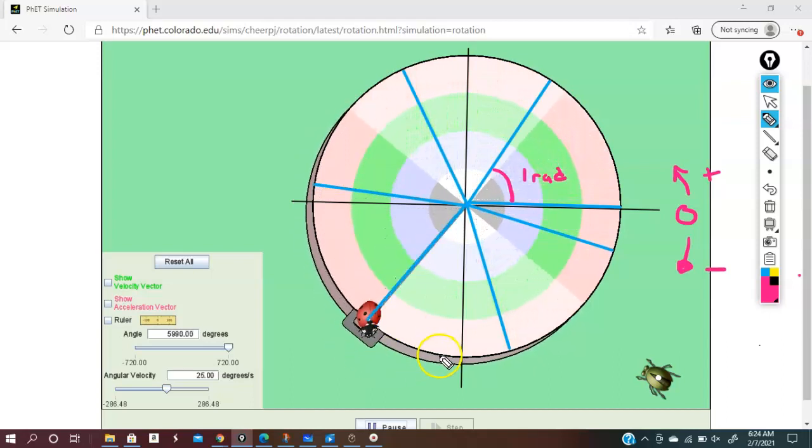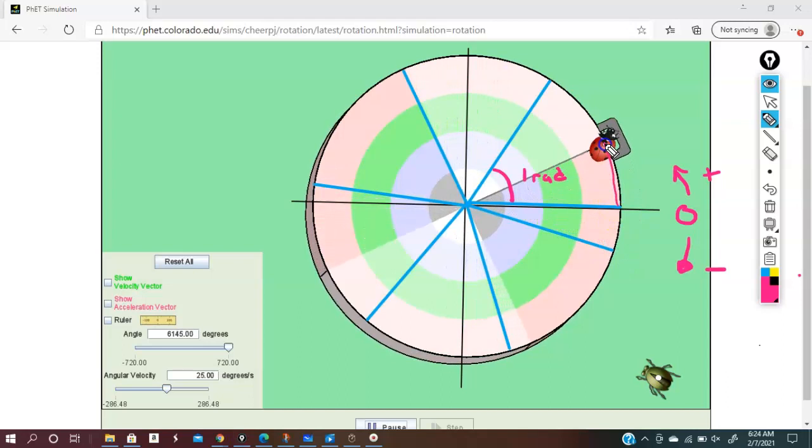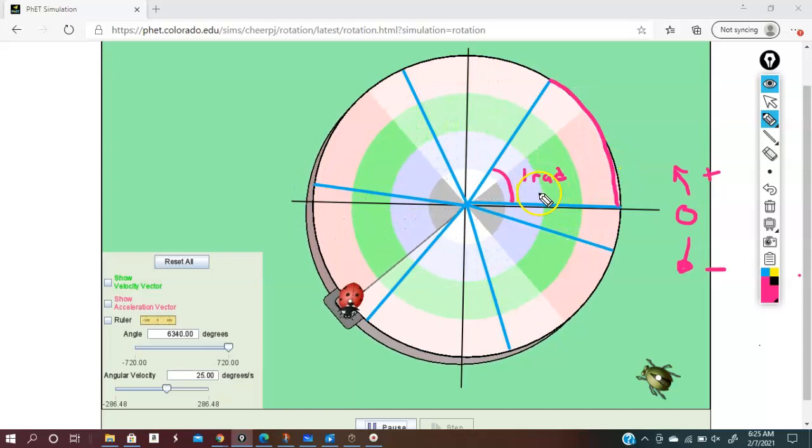And that is defined by something that's rotating traveling the same distance as the radius. So for example, this little ladybug, if I follow the ladybug along, I'd stop right there. That distance that I marked out is 1 radius. The radius of this happens to be 4 centimeters.